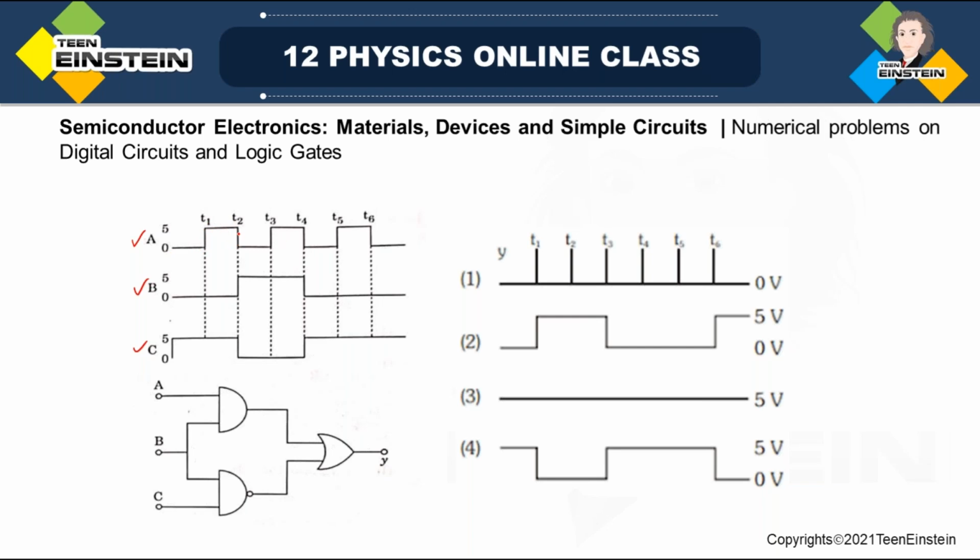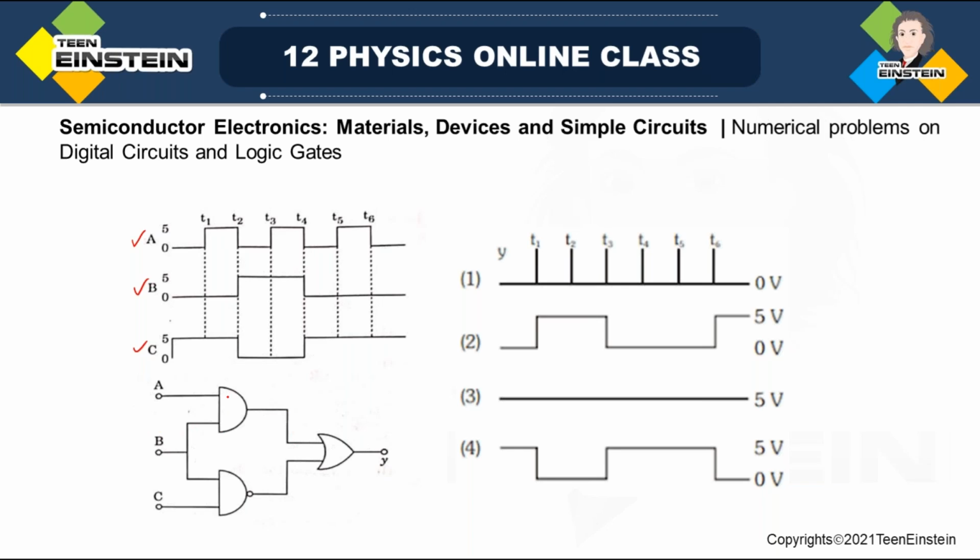Like that, you have to see the input signals. These input signals are fed to this particular digital circuit, and this digital circuit will give you a particular digital operation.